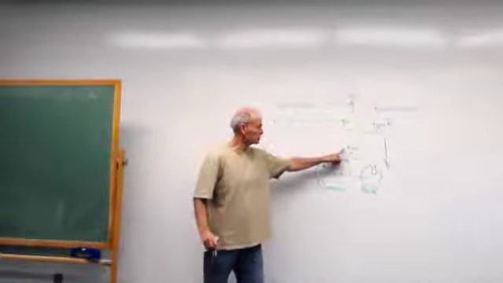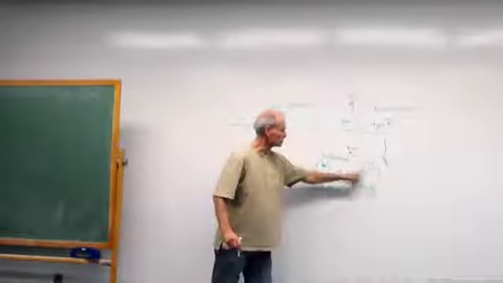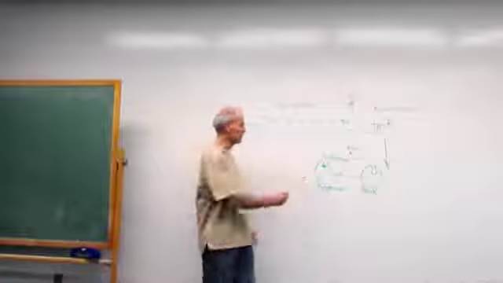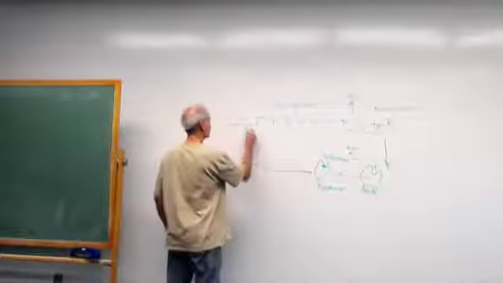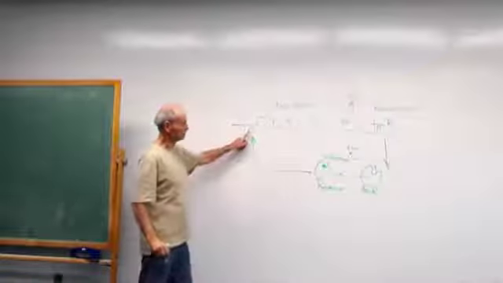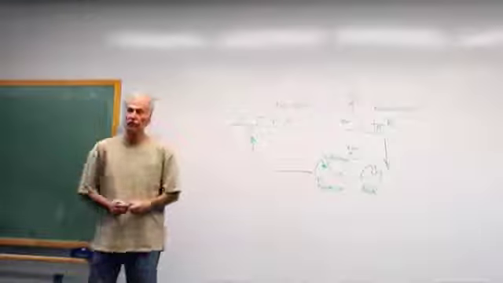Co-repressor would be the small molecule, in this case tryptophan. The apo repressor is before it's activated, and this is afterwards. This now goes up and binds the operator and shuts down the activity of the operon.